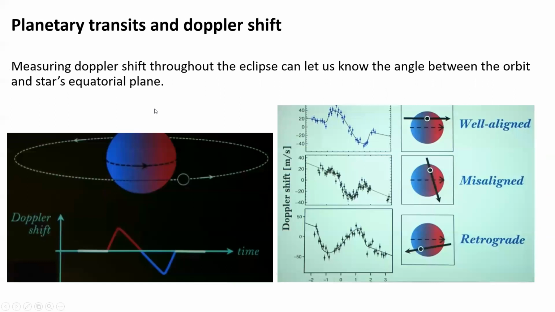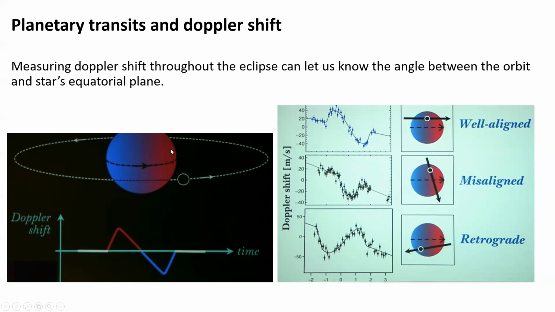So, planetary transits and Doppler shift. With the Doppler shift, we can detect how the planet is transiting. Like, in the case of light waves, shorter waves, which are compressed waves, correspond to blue color, and longer waves correspond to red light. So stars orbiting their center of mass, if moving away from the observer, would appear slightly red.